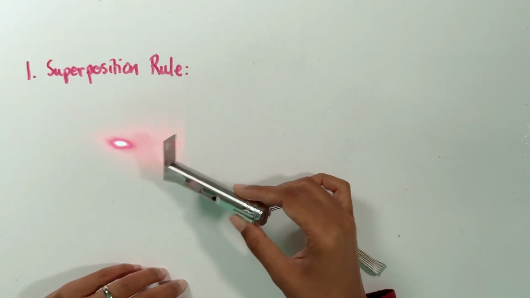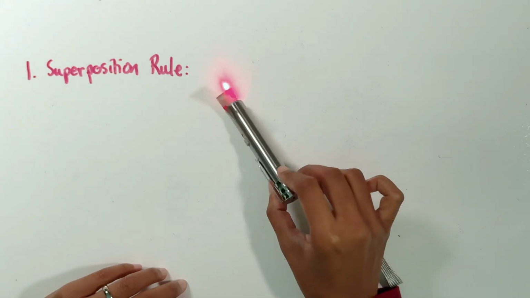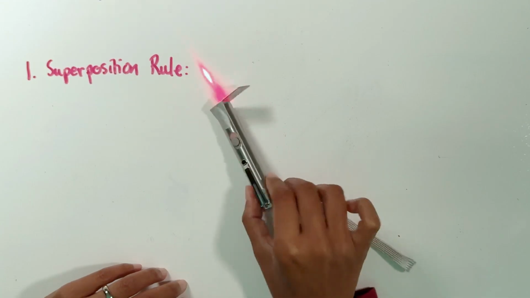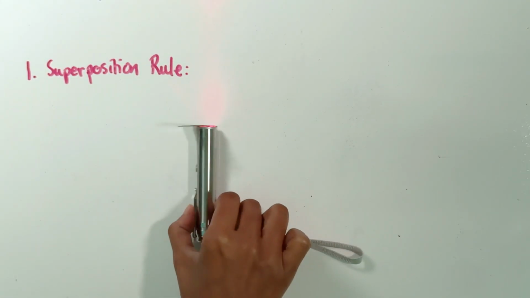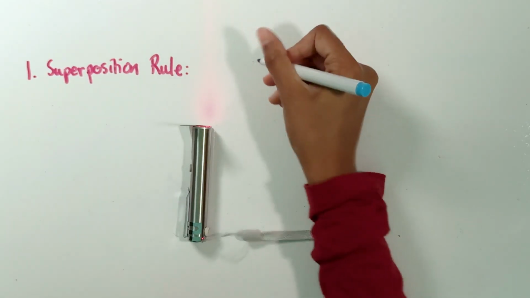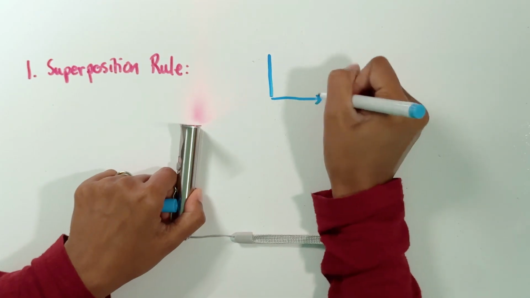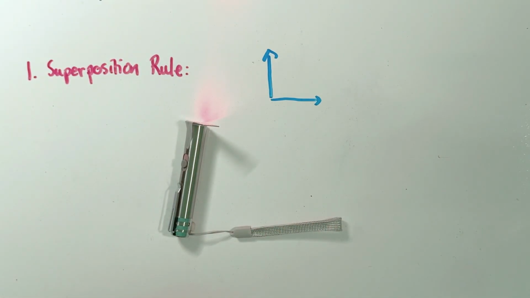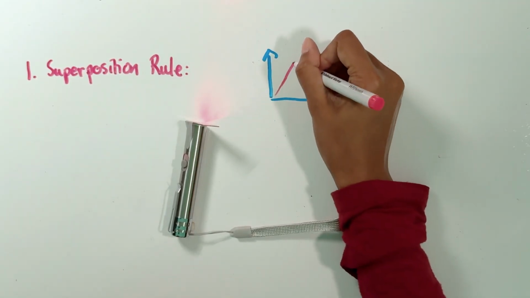First of all, we covered the superposition rule, which said that every state of a quantum system can be represented by a vector. And in this case, the vector was a 2-dimensional vector. So in other words, an arrow on a flat piece of paper. So whatever the state was, you could represent it something like this.